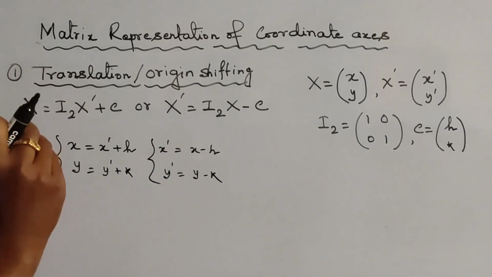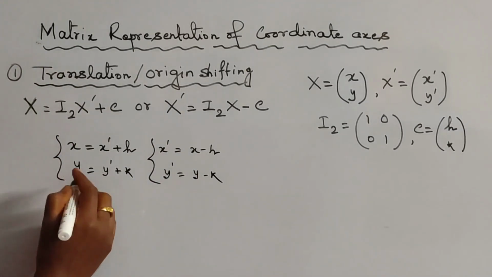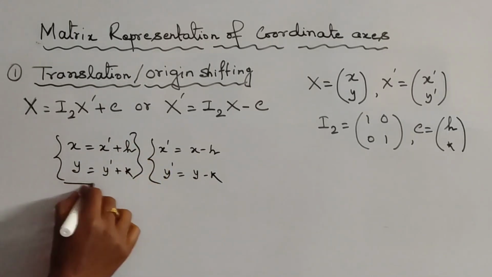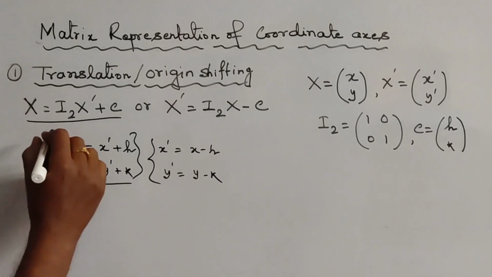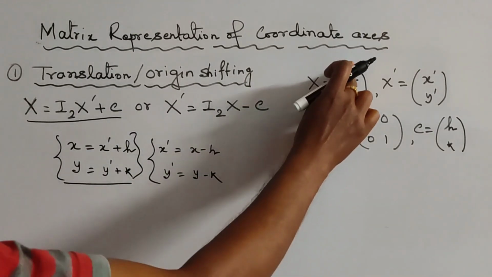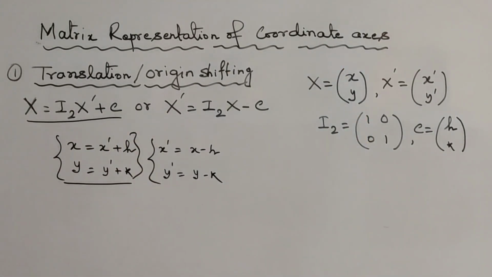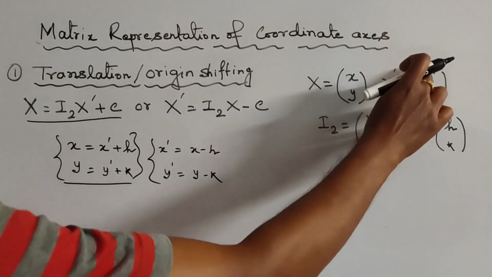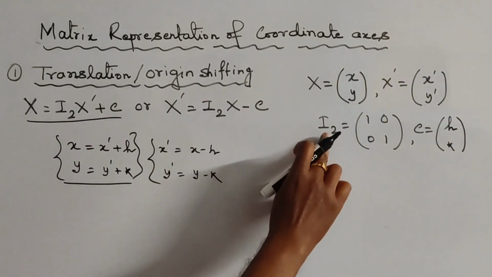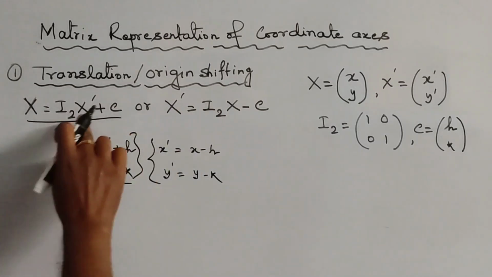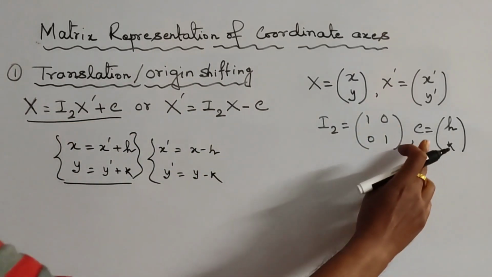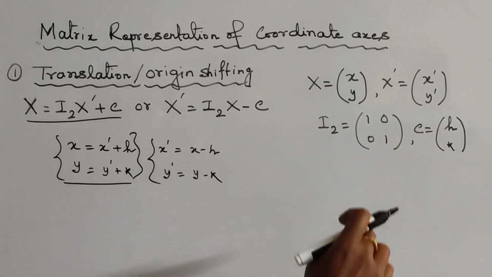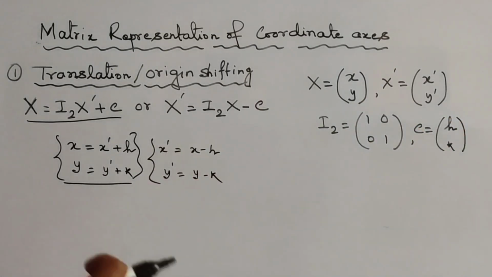And if we write this formula in matrix representation as this, where x y is the old coordinate system, x dash y dash is the new one, and I2 is the unit matrix 1 0 0 1, and C is h k, the point at which we transfer the origin.